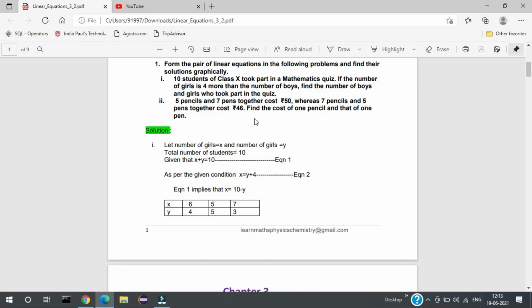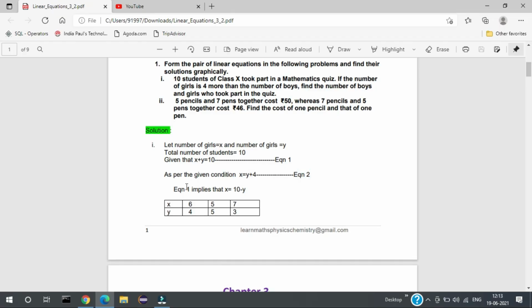Next, what is the second condition given? The second condition is that the number of girls is 4 more than the number of boys. So as per the given condition, x = y + 4. That is the second equation.